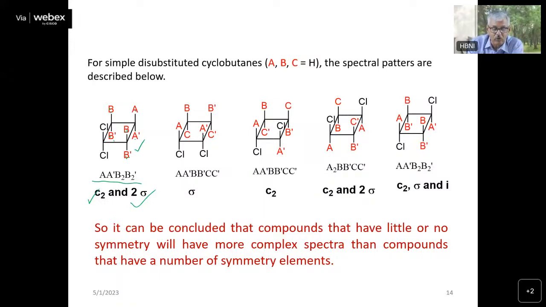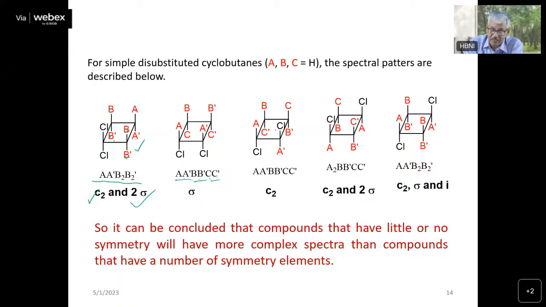Now you take cis-1,2 dichlorocyclobutane. If you analyze it that way, you will see that there are three groups of protons which are chemically equivalent, A, B, and C. But none of these groups are magnetically equivalent. So you will see A prime, B prime, C prime, because the coupling constant to other nuclei will be different.